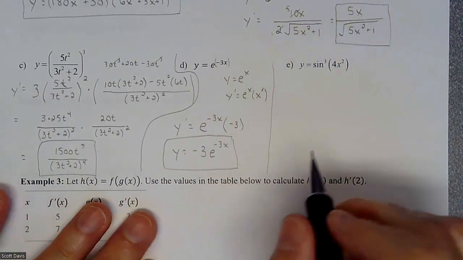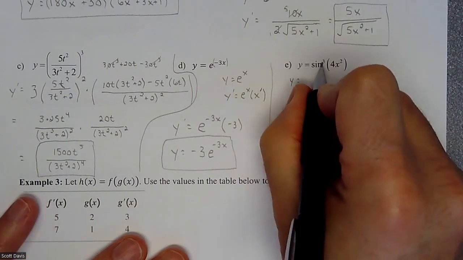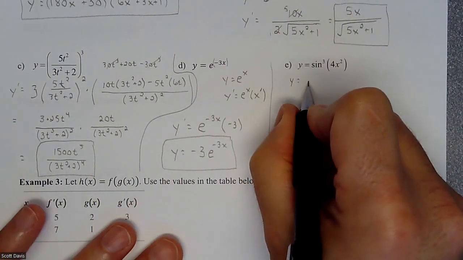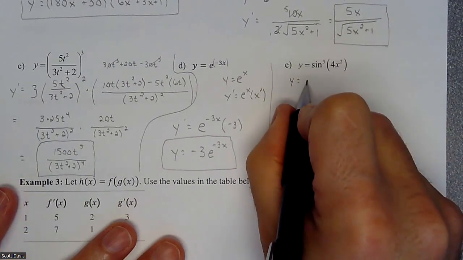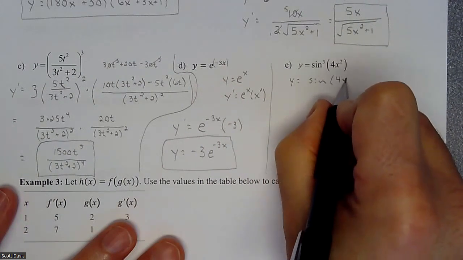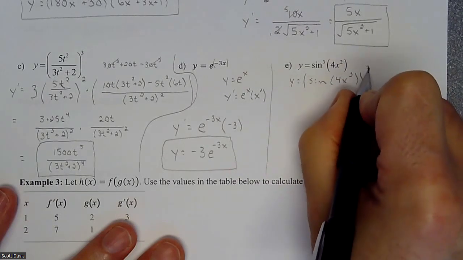And then the last one. Rewriting this, I know what sine cubed is, but in order for me to do the derivative, I'm going to need to rewrite it a little bit differently. The cube is applied to the whole thing, so I have sine of 4x squared, and that whole thing is cubed.